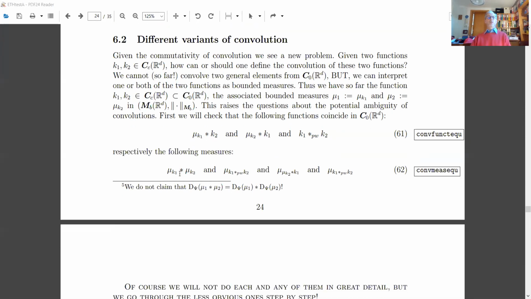Two functions give two bounded measures, and the composition in the first term here in 62 is a convolution of two bounded measures. It's a measure. Or we can say that the pointwise convolution of two test functions, k1 and k2, gives another continuous function with compact support. So we take that pointwise product and make a measure.